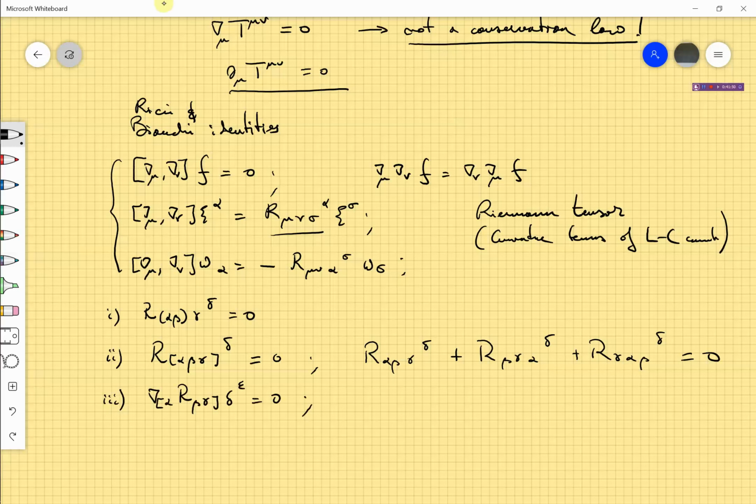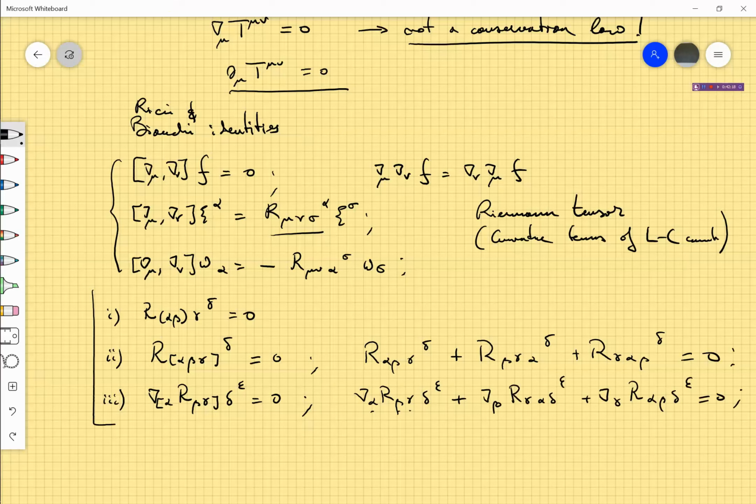And okay, again I can express this as 3 terms, R beta gamma delta epsilon, and it's only these 3 terms that I have to interchange cyclically. Gamma alpha delta epsilon plus nabla gamma R alpha beta delta epsilon equal to 0. It is the same thing. Okay, and these are the ones you want to remember.